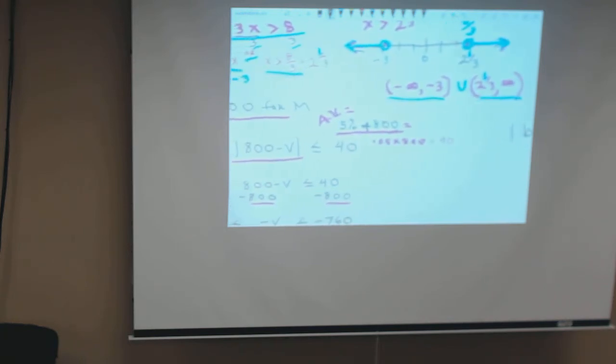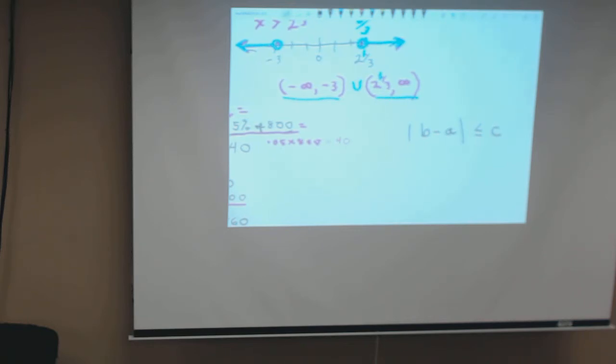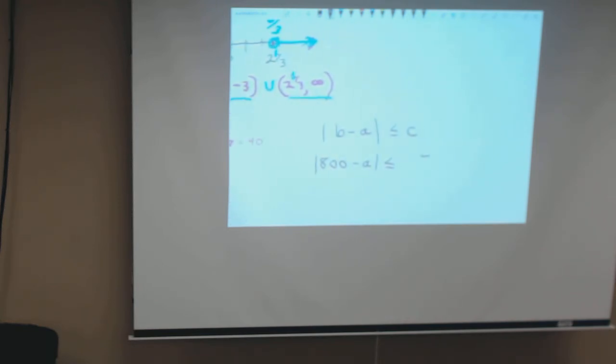And for 38, the budget is $800 minus a, actual expense, has to be less than or equal to, for 38, 5% of B. That would be 0.05 of means times 800.